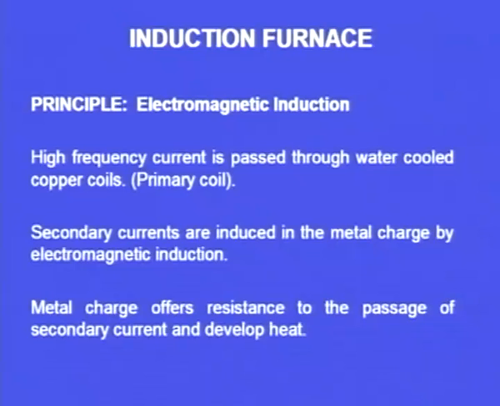So, we are passing electricity through the primary coil, and this primary coil is around the crucible. Inside the crucible we place the metallic charge, and secondary current is induced inside the metallic charge.